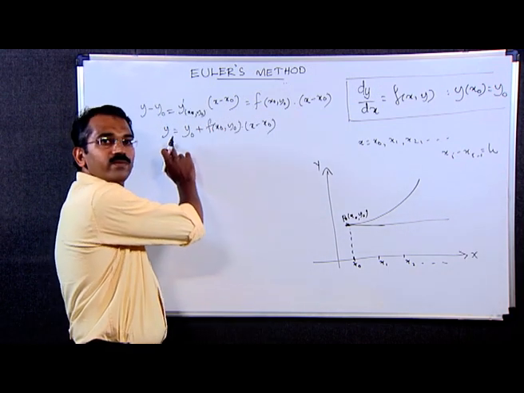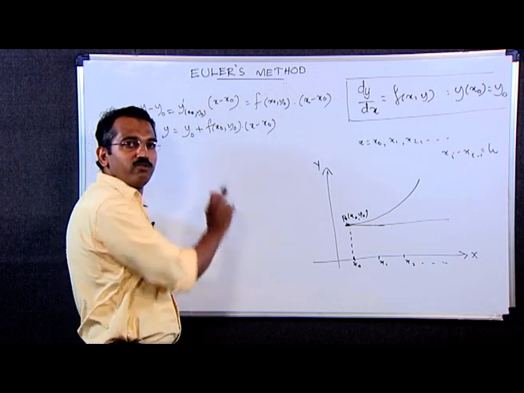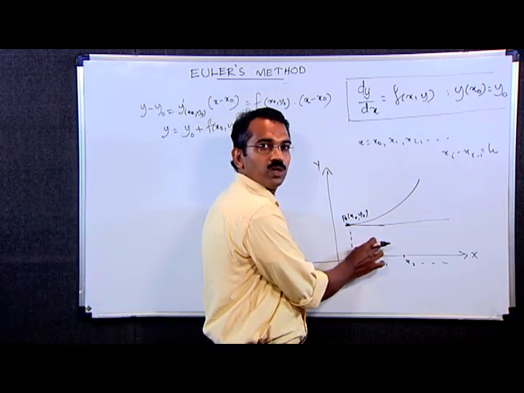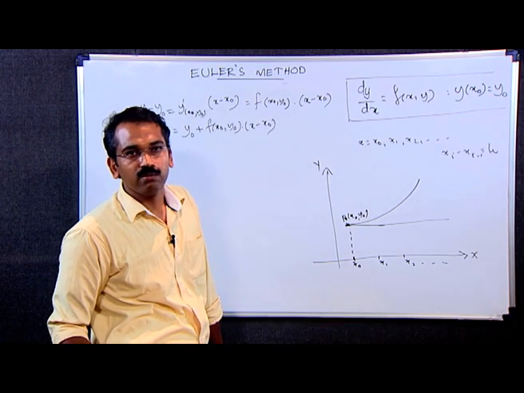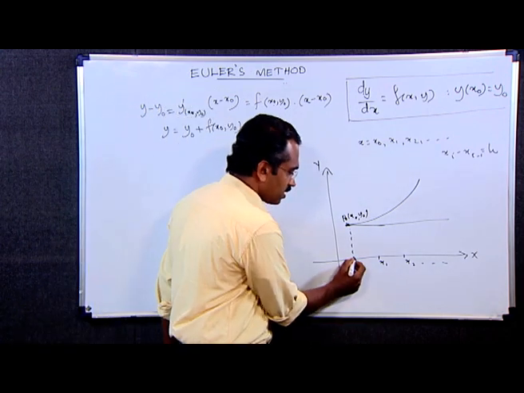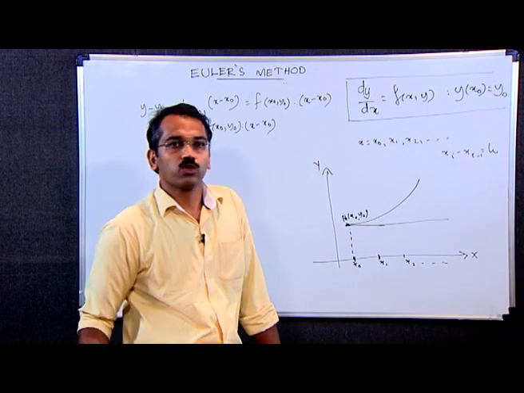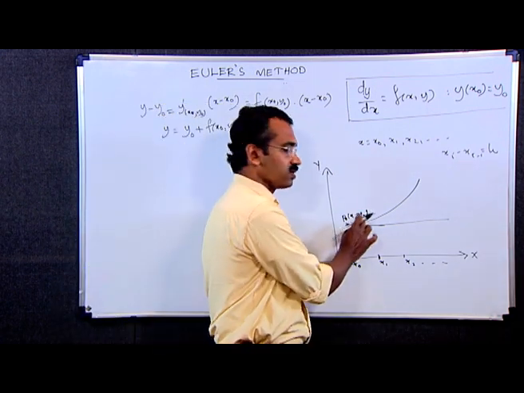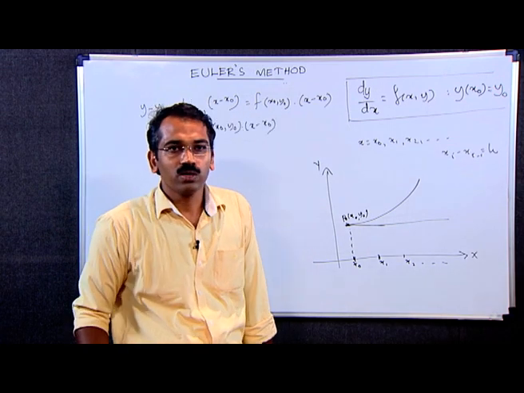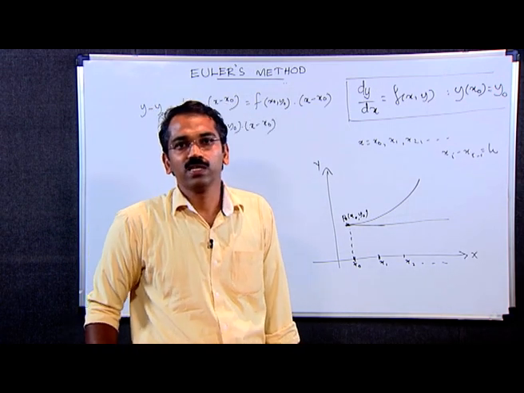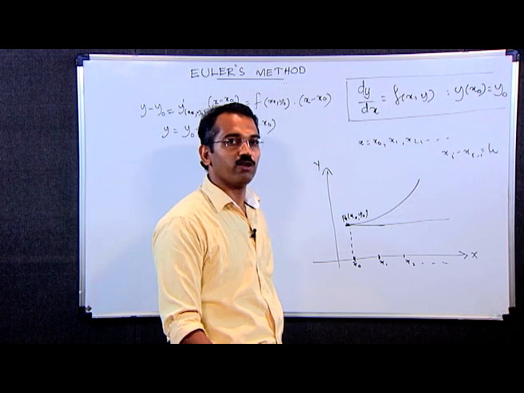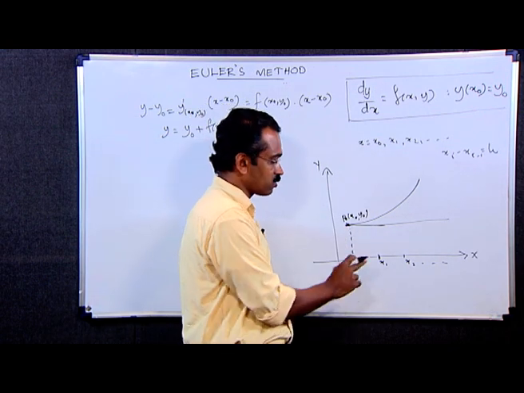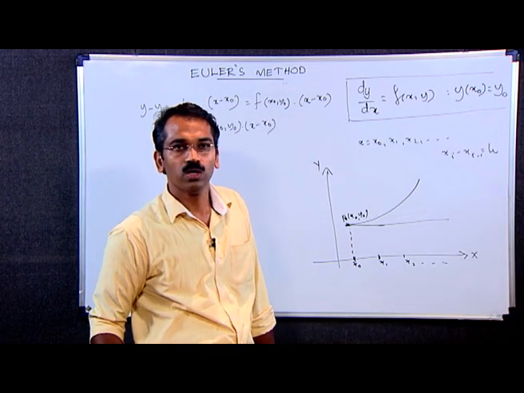This y is the value of y on the tangent corresponding to x is equal to x 1. In the interval x naught x 1, the curve is approximated by this tangent. Therefore, the value of y on the curve is approximately equal to the value of y on the tangent at x naught y naught corresponding to x is equal to x 1.